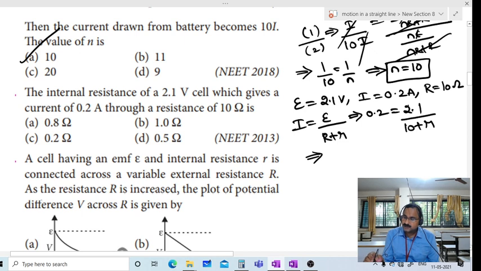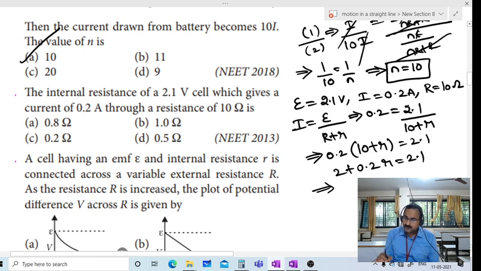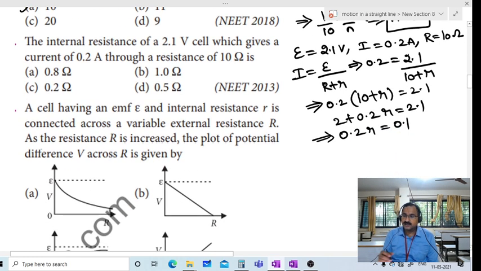Cross multiply: 0.2 into the total 10 plus r is equal to 2.1. That is 2 plus 0.2 r is equal to 2.1. Therefore, 0.2 r is equal to 2.1 minus 2, which becomes how much? 0.1. Therefore, r is equal to how much you are getting there? r is equal to 1 by 2.